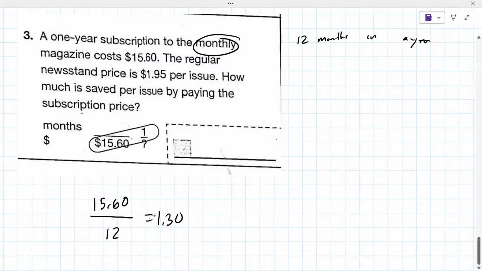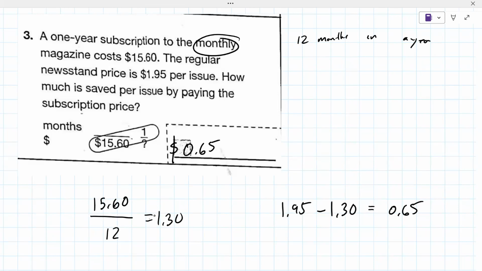Okay. Now it normally costs $1.95, so I want you to subtract 1.30 from that. From what? What's on the screen? 1.95. Okay, minus 1.30. 0.65. Okay, that is the answer. That's how much they save per issue.